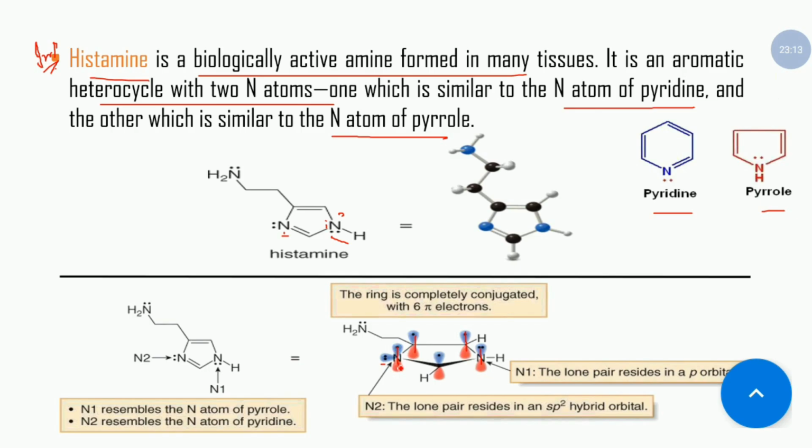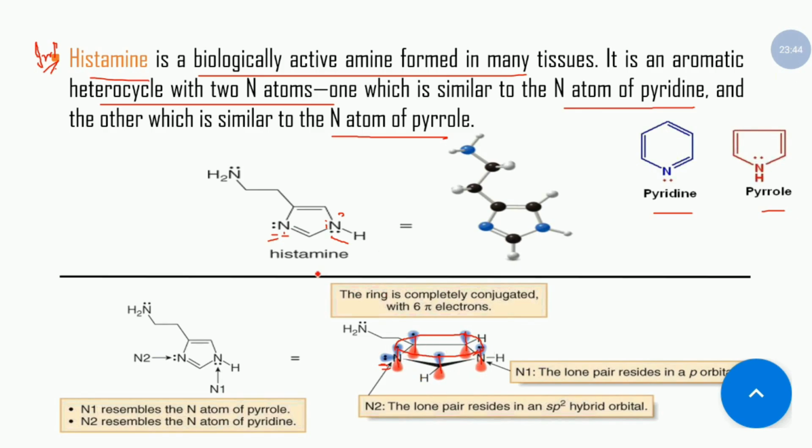So that's why this lone pair participates in the conjugation process. All the atoms maintain sp2 hybridization. The lone pair from here is not in the p orbital, it is perpendicular to the outside of the ring. But the other nitrogen maintains the p orbital, and all are sp2 hybridized.